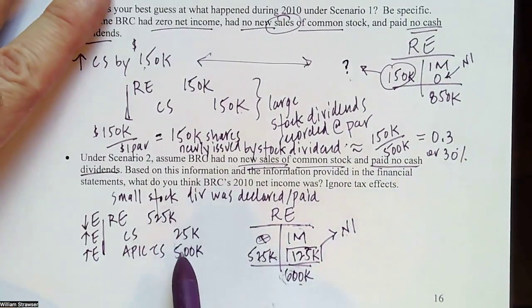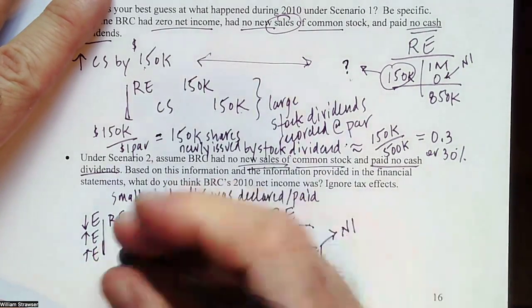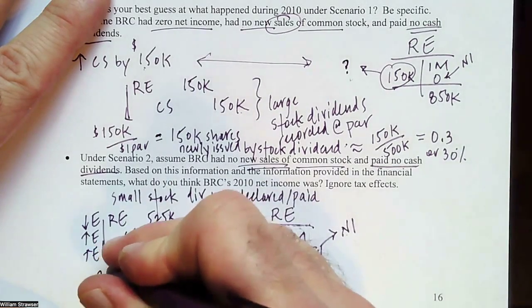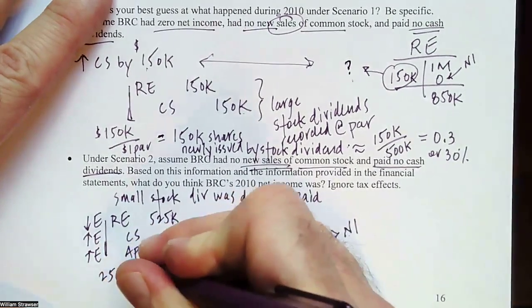A little bit more information that we could come out with. Since we know that the par value is $1, we know that the small stock dividend resulted in 25,000 newly issued shares.